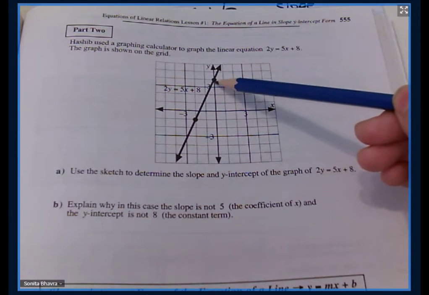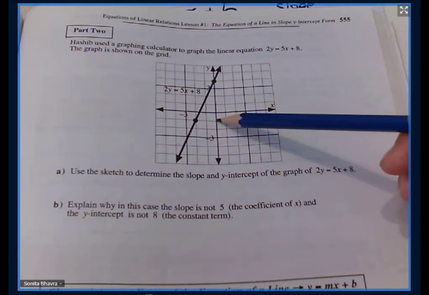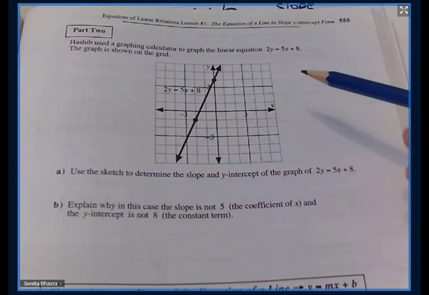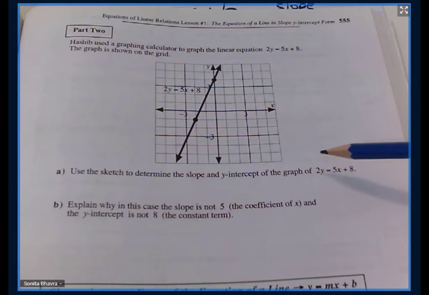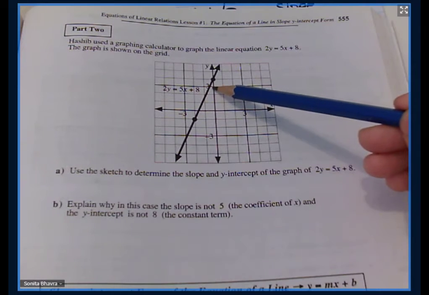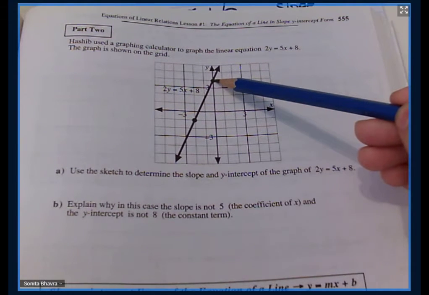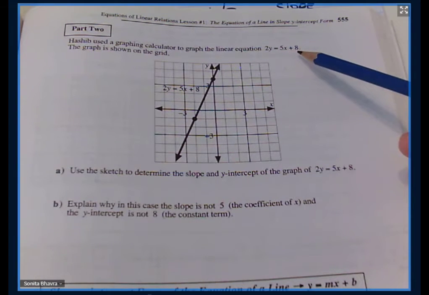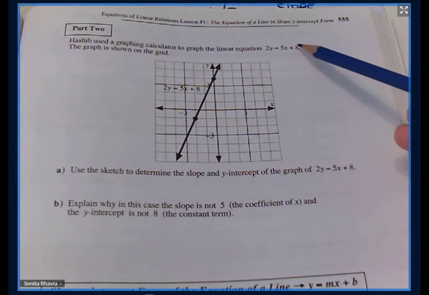So our rise is 1, 2, 3, 4, 5, and going over 2. 1, 2. So our slope is 5 over 2. And our y-intercept is occurring right here at +4. So our slope is 5 over 2 and our y-intercept is at +4.